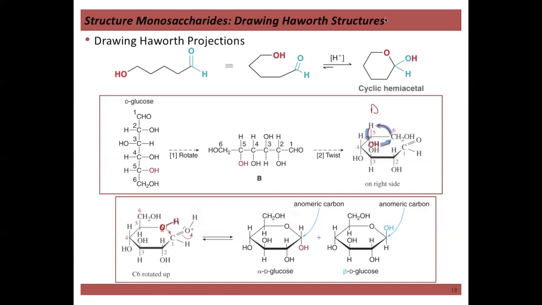And again, it can attack from the top or the bottom. Now what we can say is that this is a D sugar, and this is also a D sugar. And notice the arrangement between that CH2OH and that OH there. We can say that they are trans to each other. And notice the A there, it's an alpha.